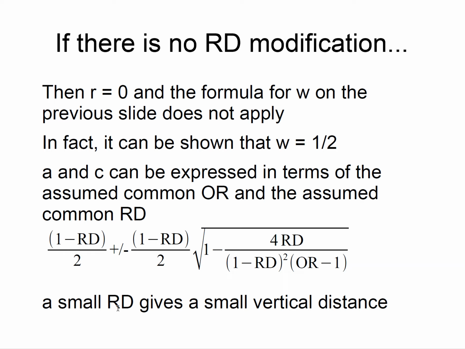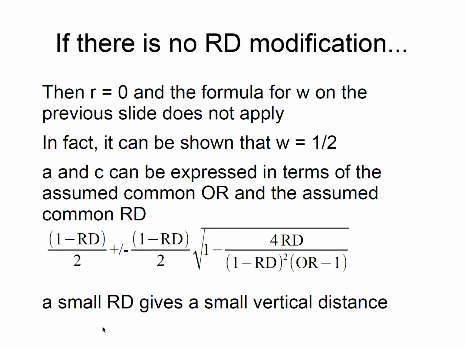And it does turn out that if there's no odds ratio modification, but the assumed common risk difference is small, then the vertical distance will be very small. Now, you can also determine that if, in fact, the risk difference is near the maximum attainable, and there's some math about that as well, then if the risk difference is large, in other words, near the maximum that's attainable with this setup, then there will be very, very minor odds ratio attenuation.